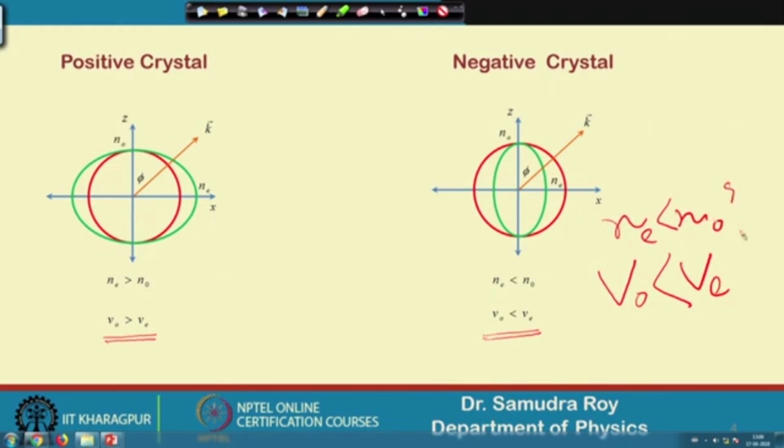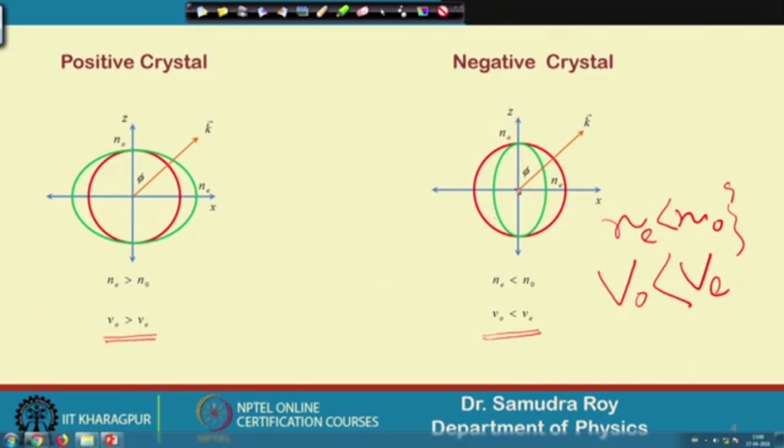If that is the case, then the modification here is we have a circle as usual, and the ellipse that gives the refractive index NE, the extraordinary wave, is now inside this circle. Why is it inside?